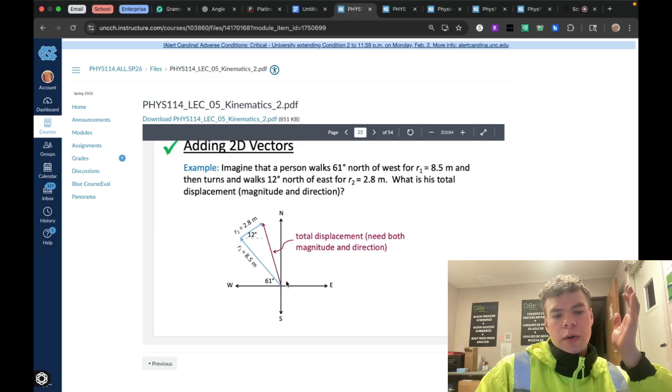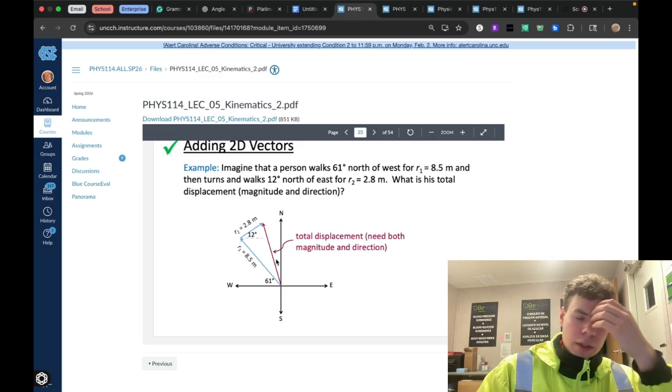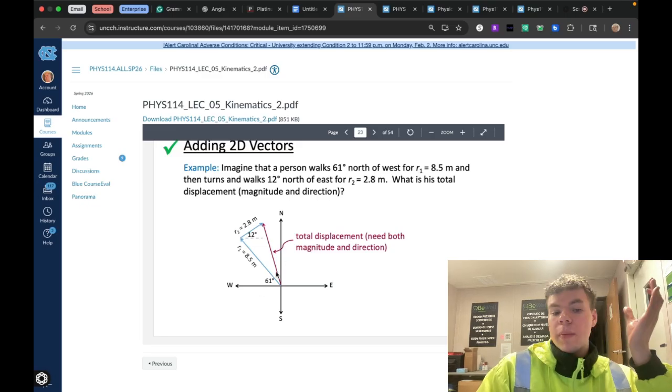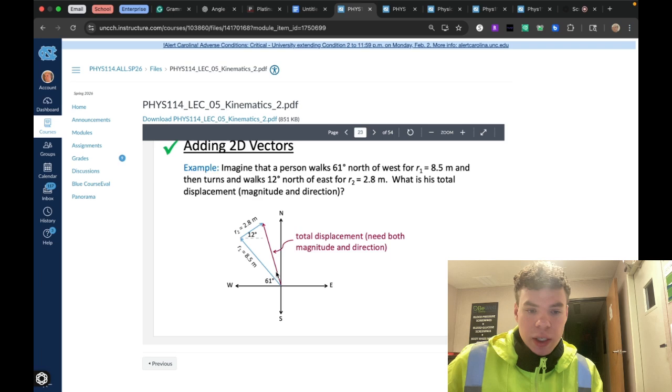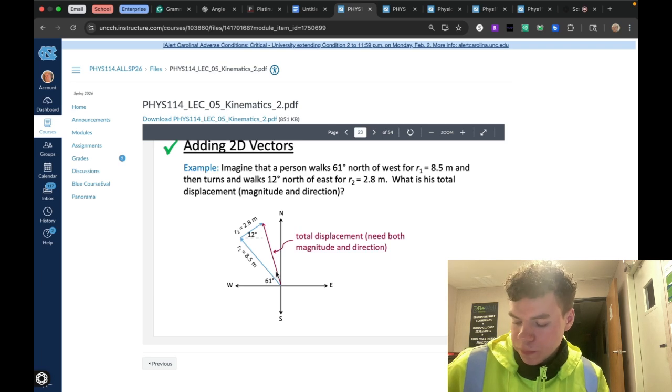So this is the total displacement. So we're trying to calculate this purple vector here. So this here I'm assuming is the 61 degrees. I don't know why they put it right here. I guess to make it look better, but it's extremely confusing. So whoever wrote that needs to get it together, bro, because it's pissing me off.